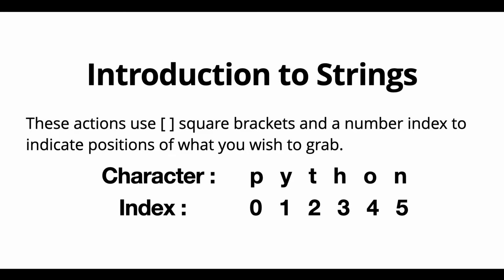So P has a corresponding number of 0, Y has 1, T has 2, H has 3, O has 4 and N has 5. If I want to grab the P, inside the square brackets I'll pass in 0 after the string, and it will return P. We'll see an example of that later on.